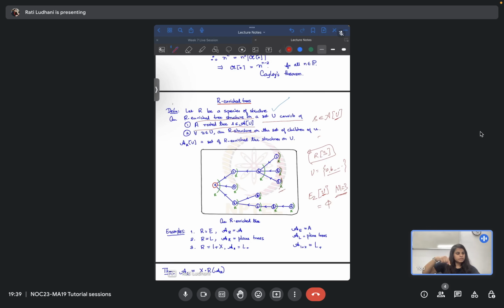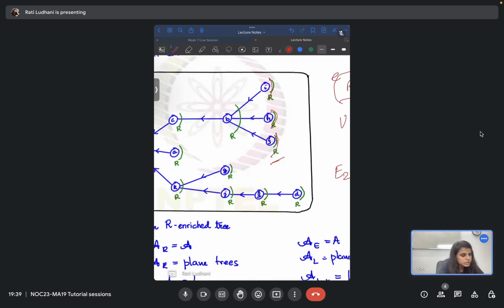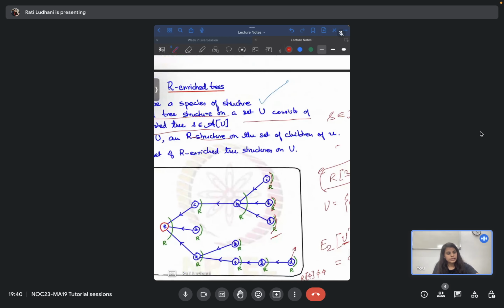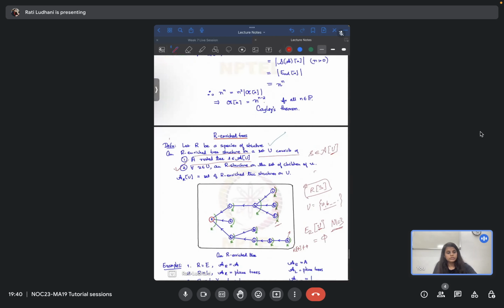For example, this is D, which has no children, so R of empty set should be non-empty, because otherwise there is no structure and you cannot fulfill the second requirement.